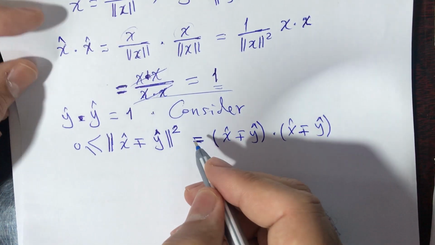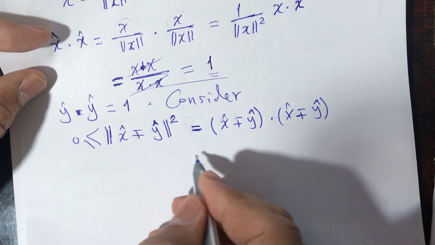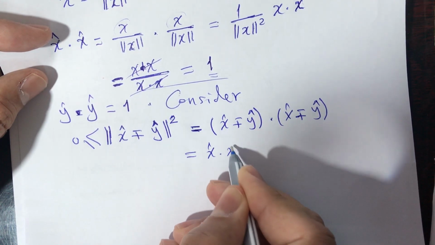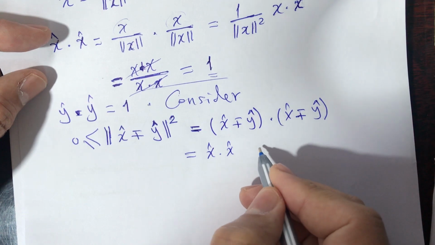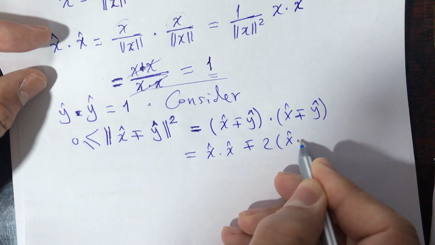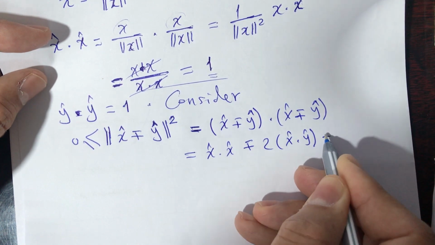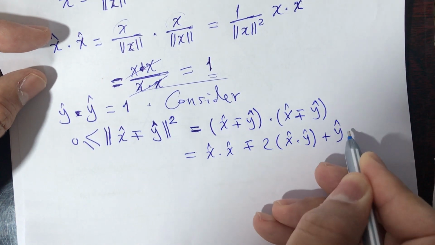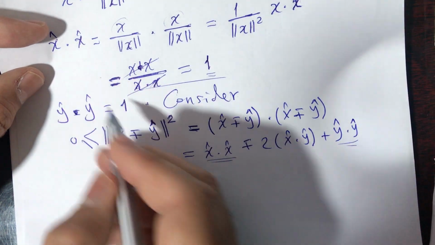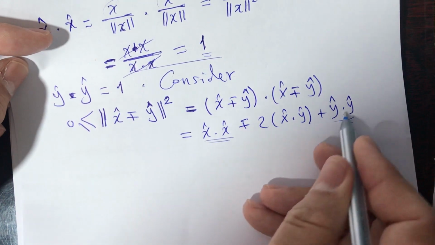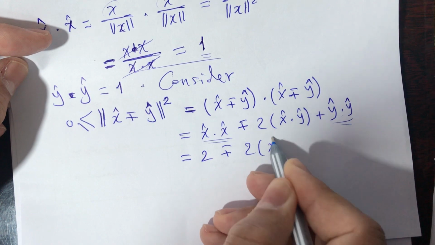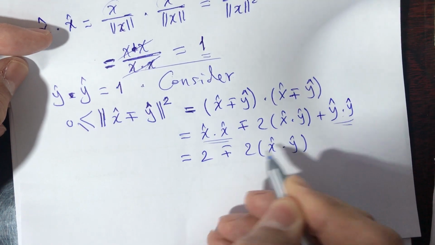Because this is a square, we can expand: x hat dot x hat, plus or minus 2 x hat dot y hat, plus y hat dot y hat. This is 1 and this is 1, so we get 2 plus or minus 2 x hat dot y hat.